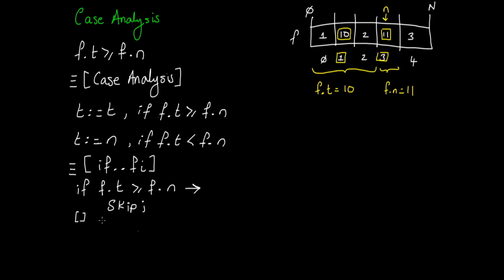Else f.t is less than f.n. Well, now we do want to make a change and we want to say t becomes equal to n, and the if statement finishes, and that is it.